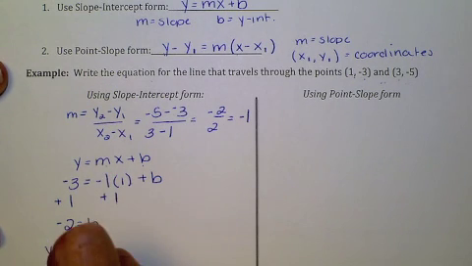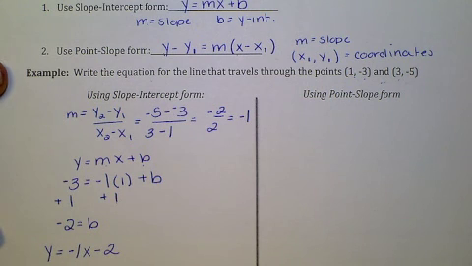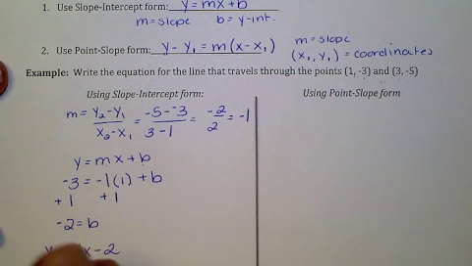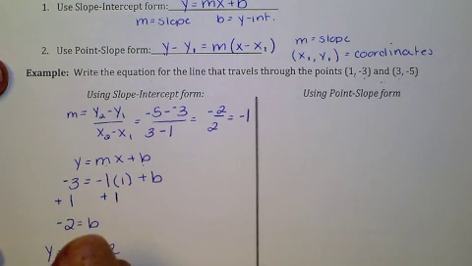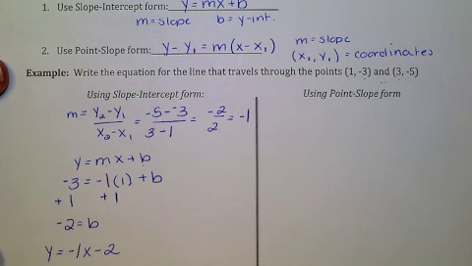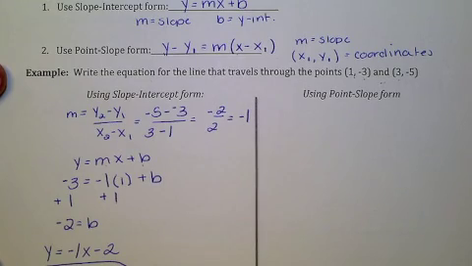I know the slope is -1, and then the y-intercept is -2. I'd actually prefer you to probably write this -x minus 2. I wouldn't take off points for not writing it like that, but anytime there's a 1, you don't have to write it in front of the variable. Okay, so there's our equation of the line. Okay, let's see if we get the same thing doing it a different way.